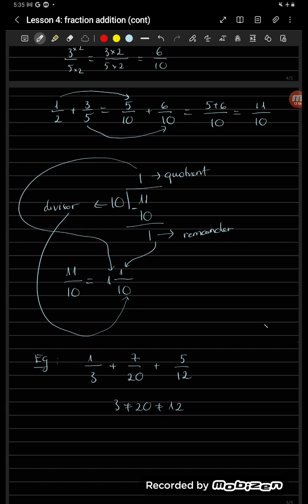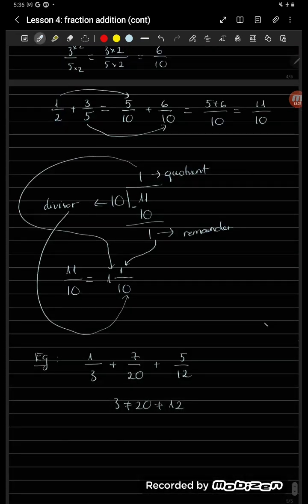That's why we don't have a denominator that is a multiple of all other denominators. So it means it's case 3. So we have to find the least common denominator by using the prime product method.